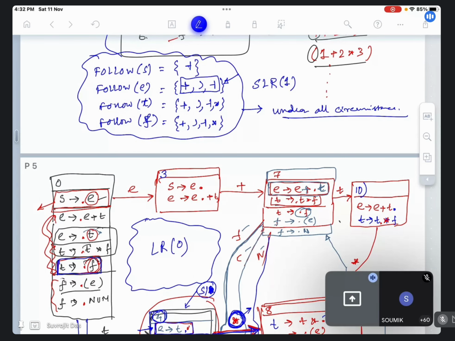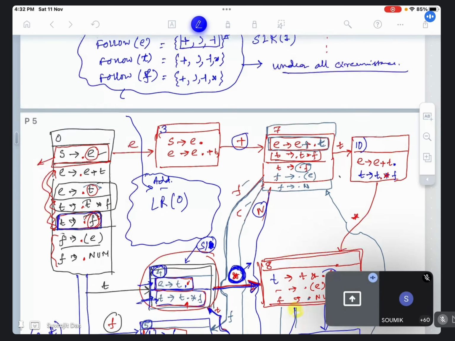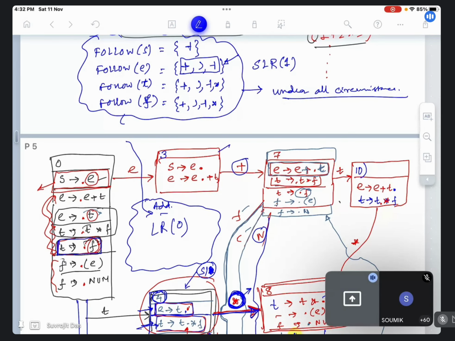When you add the follow sort of intelligence with LR, you decide to use one symbol of look ahead, that I used here as star. You can use any of the terminals as one symbol of look ahead. At any point, if you feel there is a possible SR conflict. So here also you have a possible SR conflict, right?